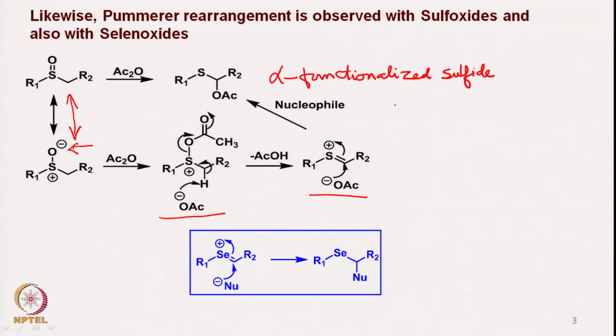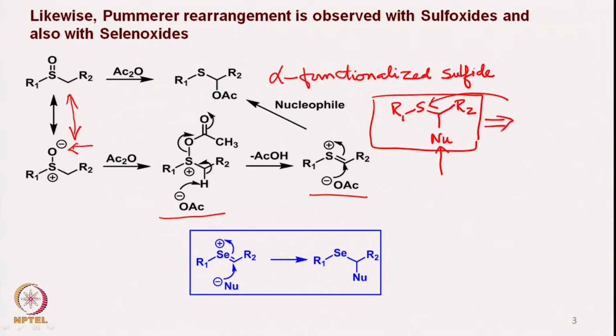So, this is a very important substrate, because one can carry out the preparation of a number of such sulfides which have different kinds of nucleophiles attached. And now, depending on the chemistry that one can think about of this sulfide, one can prepare a number of important target molecules.